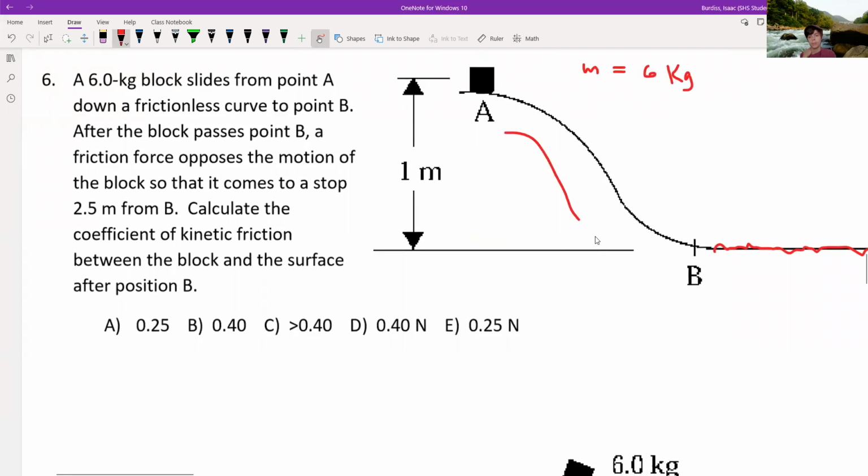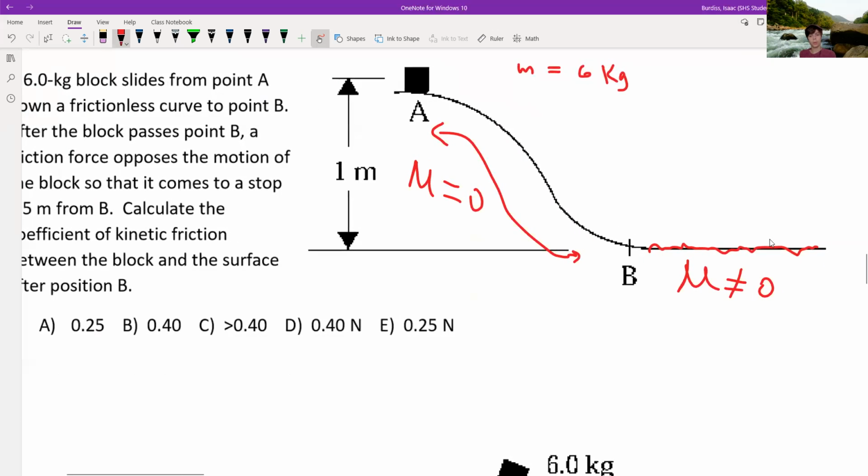So right here, you can say the coefficient of friction is 0, but here it is not 0. And it causes it to stop 2.5 meters from B. So this is where it stops.